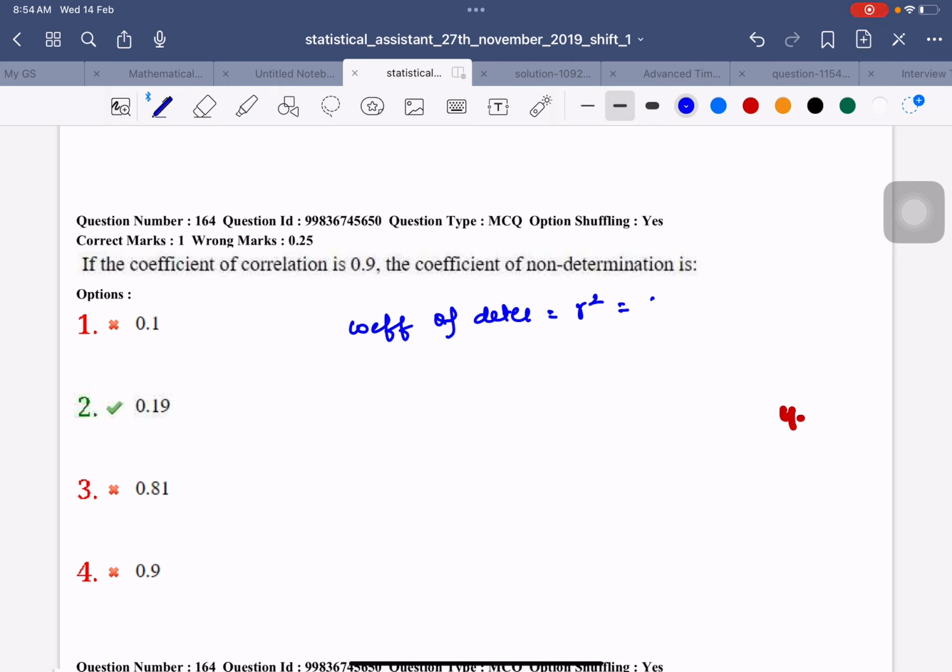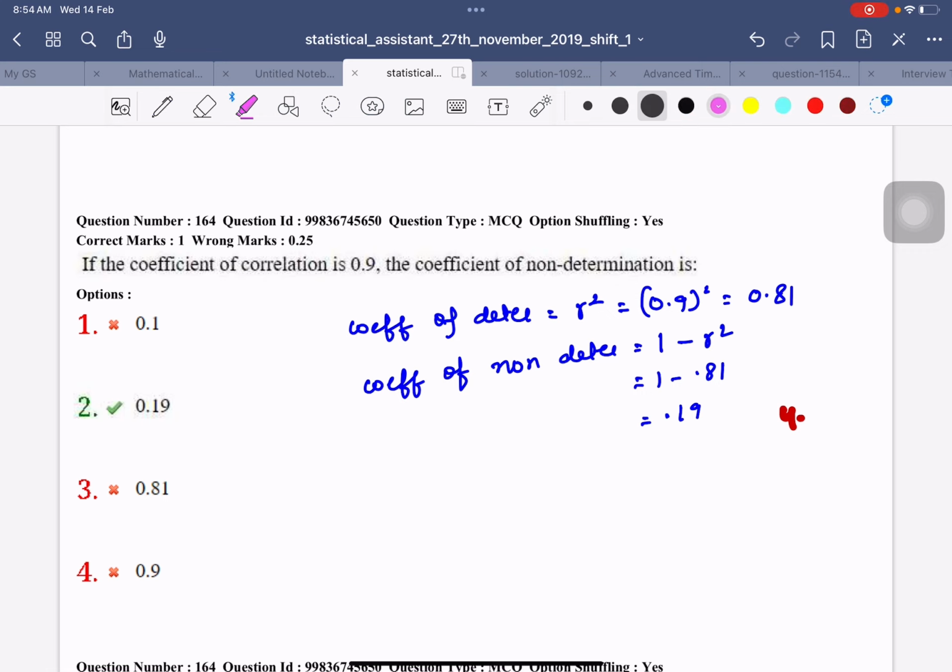So it is 0.9 square, which is 0.81. So coefficient of non-determination obtain करने के लिए we just need to subtract r square from 1, that is 1 minus 0.81. From here we get 0.19. So the correct option is option number 2.